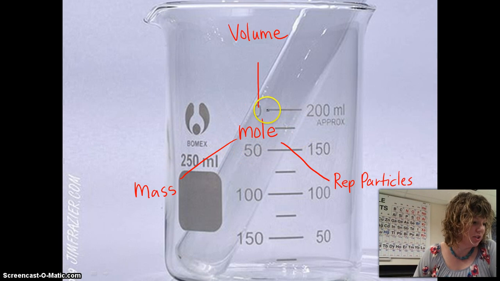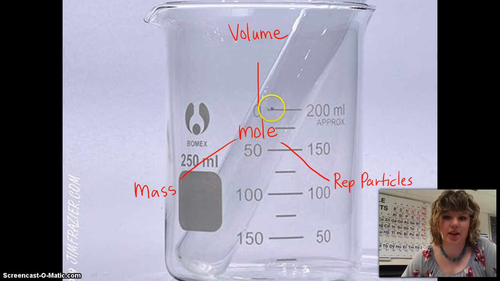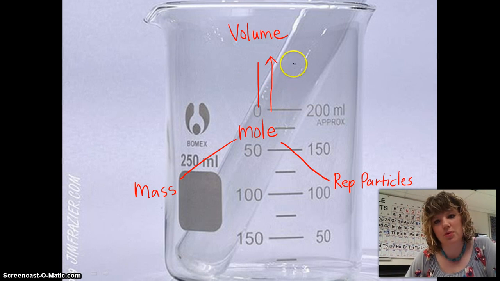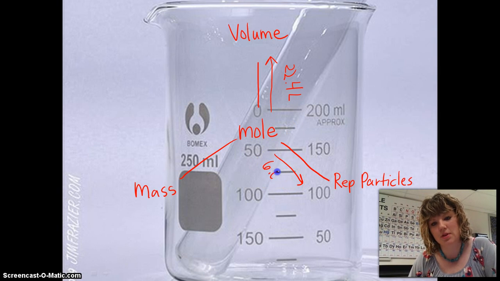And so if we are going this way, you're going to be using the 22.4 liters. If we are going this way, we're going to be using that 6.02 times 10 to the 23rd.